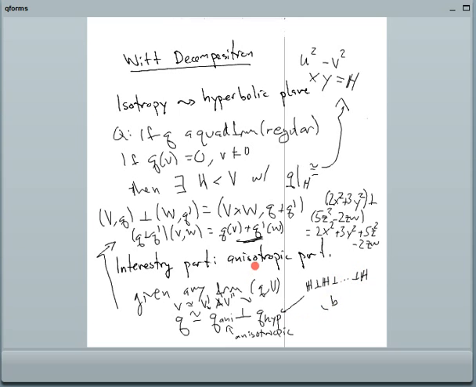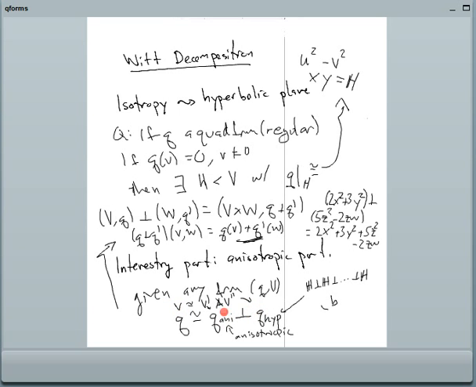So the idea is that if you have an isotropic form, one where there is a vector where you can get 0 in a non-trivial way, then you can find a hyperbolic plane sitting inside of V, and you can pull it out.